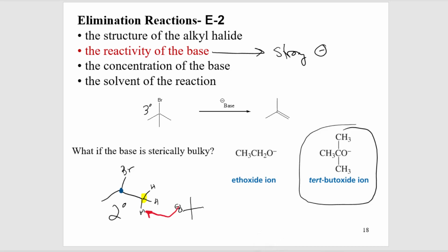So secondaries can undergo E2, but you might have to increase the bulk of your nucleophile even more. So you want it to be bulky. You really just want to avoid doing an SN2 because they can compete, but I just want to show you that you have control. And because it's a second order reaction, the nucleophile does play a role in that step. And so you can change things up.